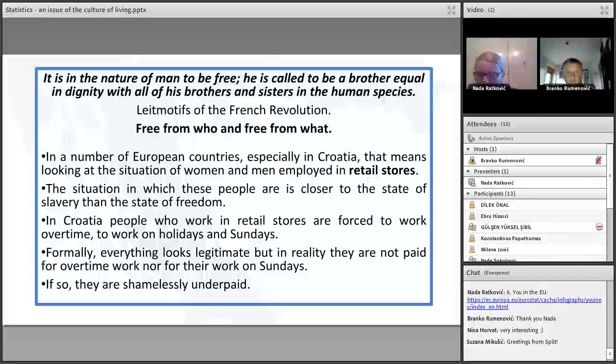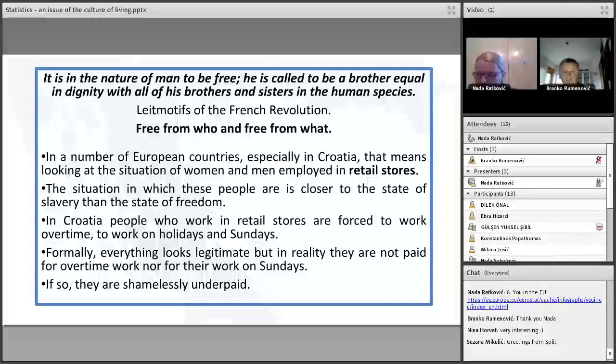Free from whom and free from what? In many European countries, especially here in Croatia, that means looking at the situation of women and men who are employed in retail stores. This situation is closer to a state of slavery.